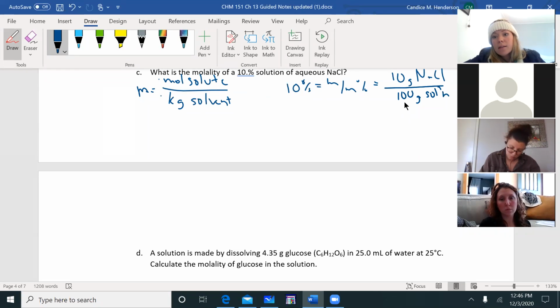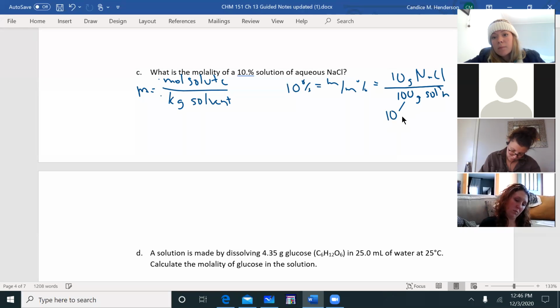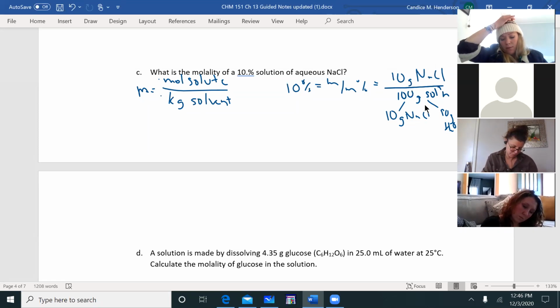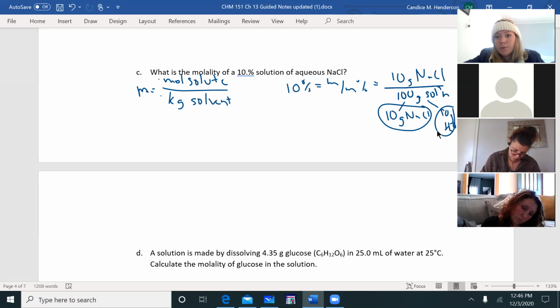So this is going to equal 10 grams of NaCl, and this over here will then be 90 grams of water. Right, the 10 plus the 90 gives me 100, and there's 10 grams of NaCl. So now I've got a gram amount of my solute, and I have a gram amount of my solvent.